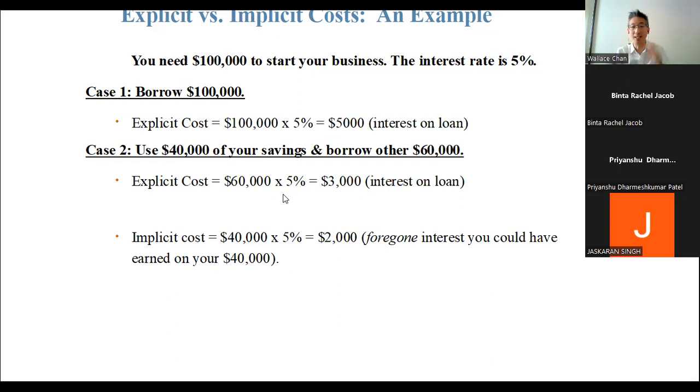Obviously there are different assumptions here. The first assumption is that you can lend your $40,000 to someone else with 5% interest charged. That is the major assumption.